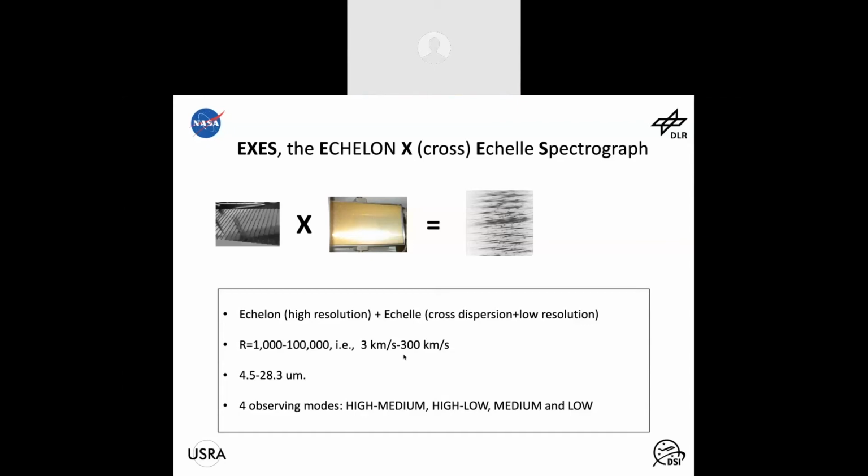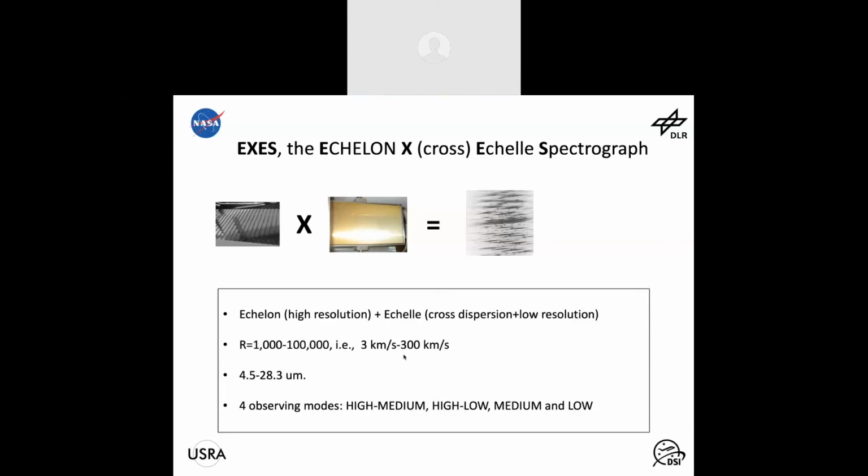We get resolutions anywhere from R of 1,000 to 100,000, so we can deliver up to 3 kilometer per second velocity resolution, depending on the particular spectroscopic mode selected and the trade-offs between them.